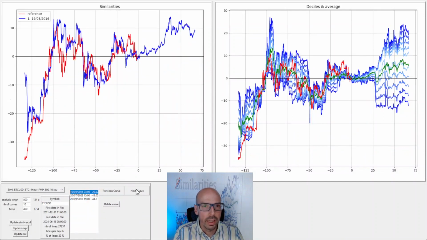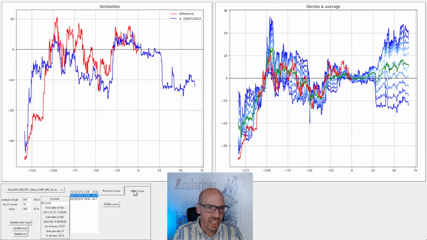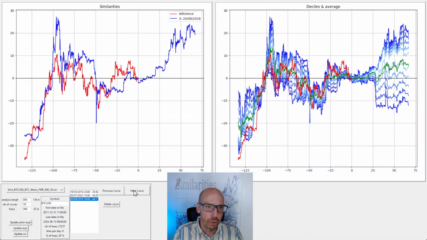But clearly, maybe it's the first one that has volatility that looks like the red one, the reference that we have right now, but it's still lower volatility. So I don't really like the volatility profile here. It doesn't really look like the first one, the second one, or the third one.